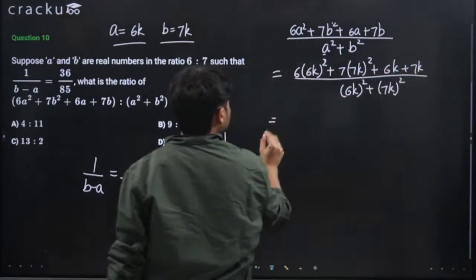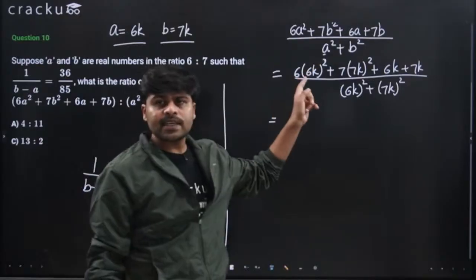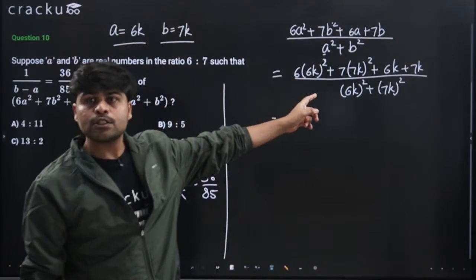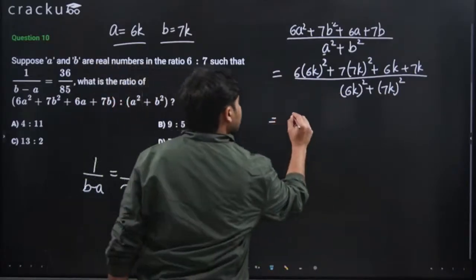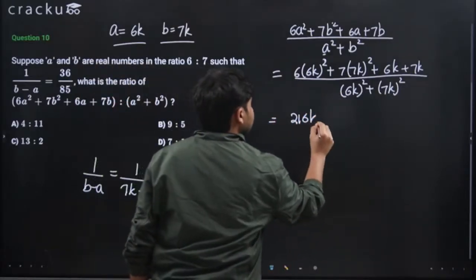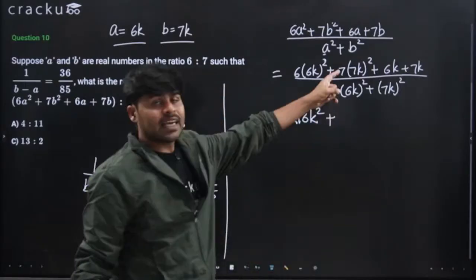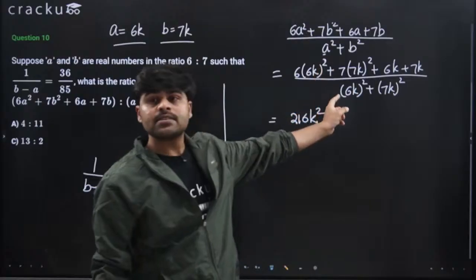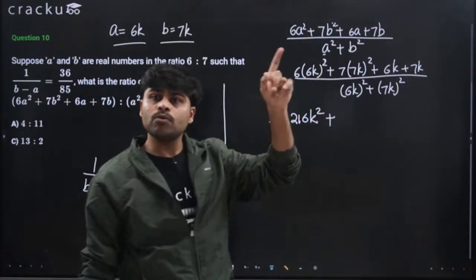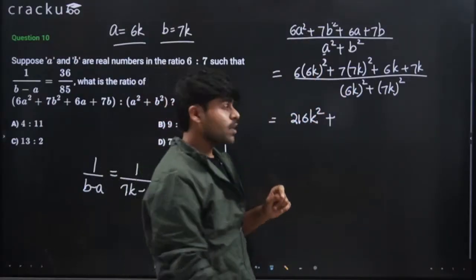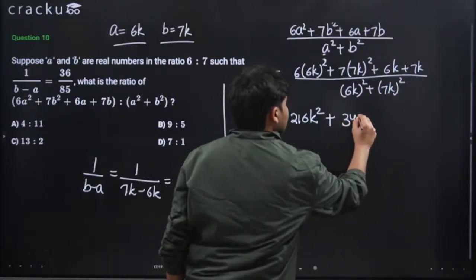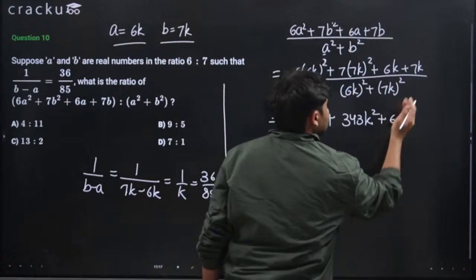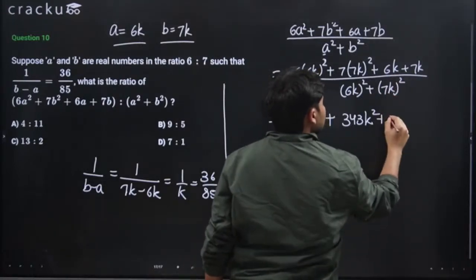What is 6k squared? 6k squared is 36k squared. 36 times 6 is 216. So this will be 216k squared. Plus 7k squared is 49k squared. 49 times 7 is 343. 7 cubed is 343. So this will be 343k squared. Plus 6k plus 7k becomes 13k.